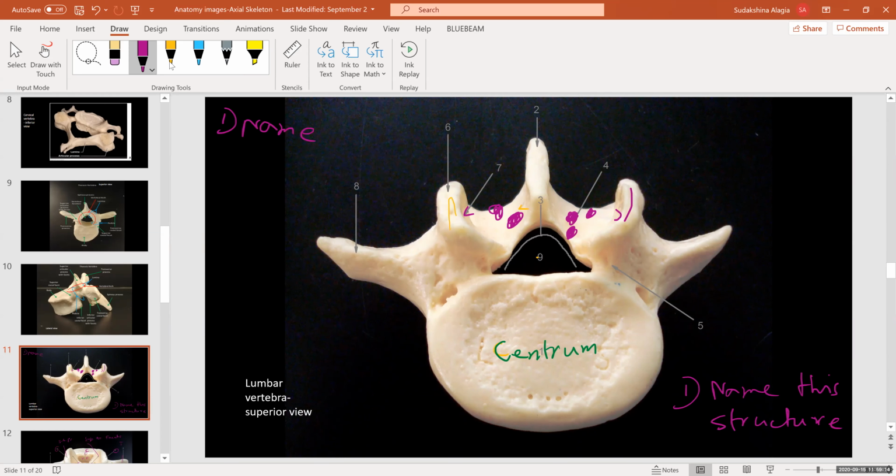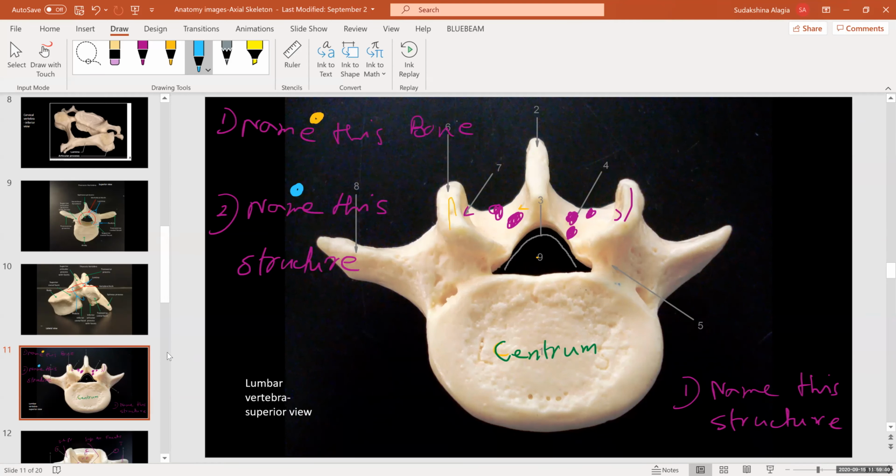Actually, it won't be in pink. It will be more like typed out. Name this bone. Name this structure. And then I have a yellow sticker and a blue sticker.